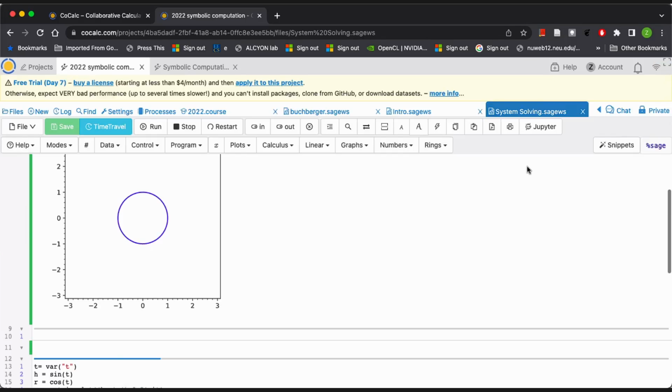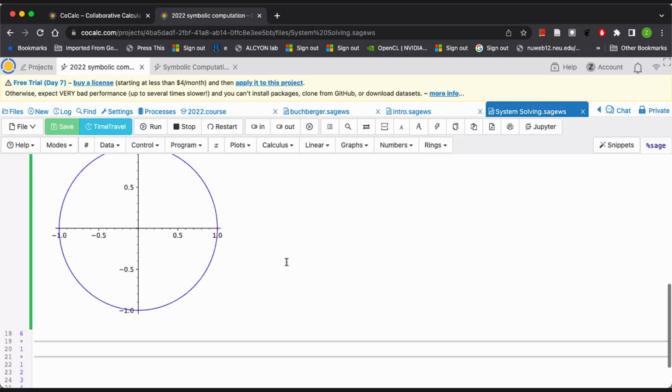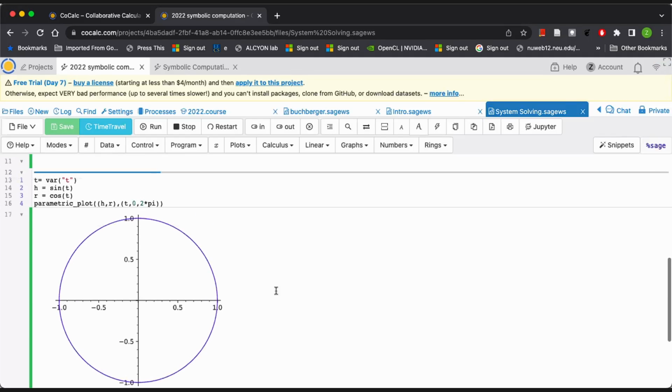The curve is a one-dimensional object, right? And this is why we need one parameter. We can always do that.